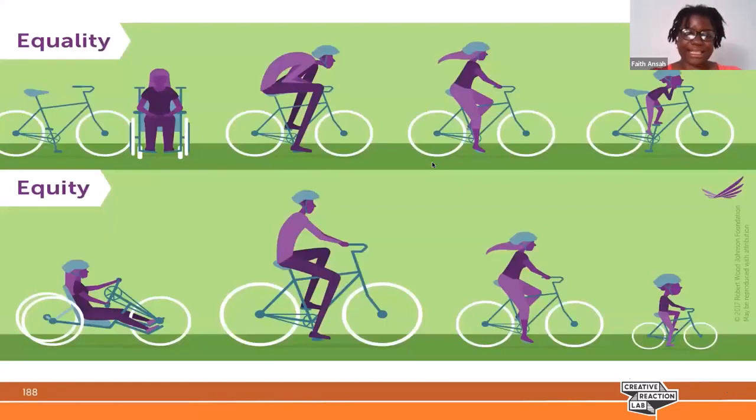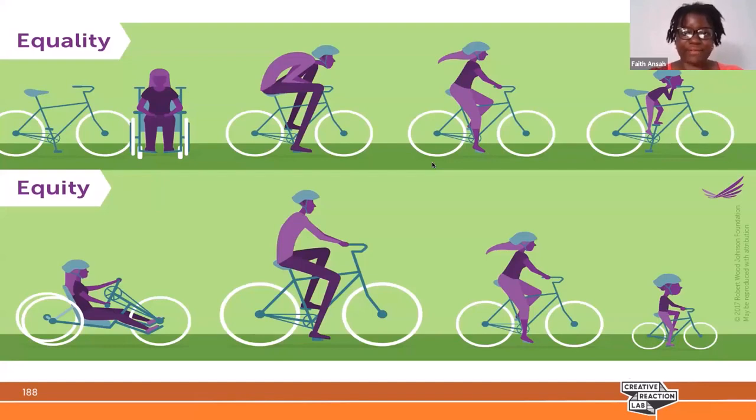Equality and equity. In this project, equality and equity were the major aspects of immigrants getting heard and getting equal resources. I mean, not equal resources, but equity incorporated resources for the students.